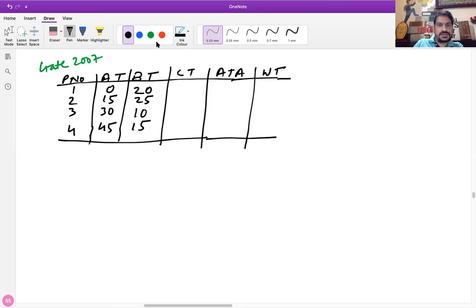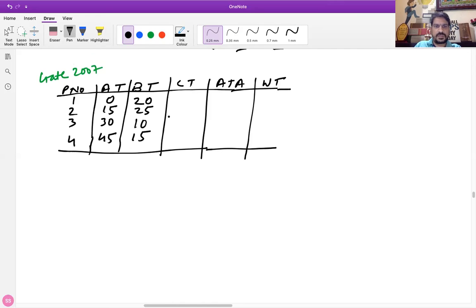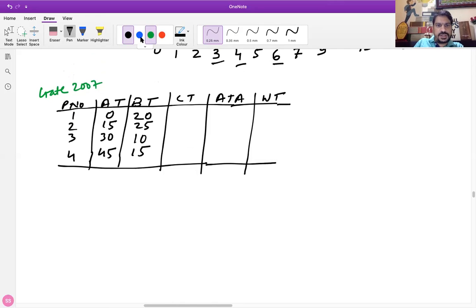The question is, what is the waiting time of P2 in the shortest remaining time first algorithm?